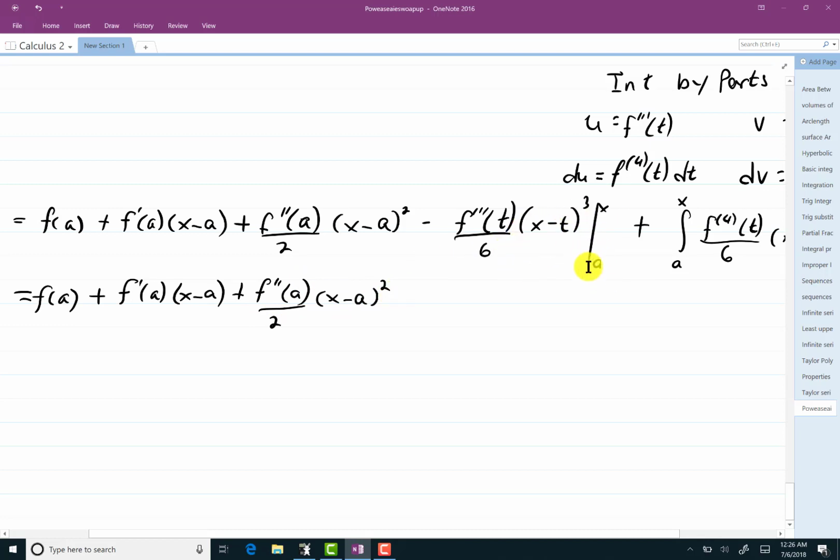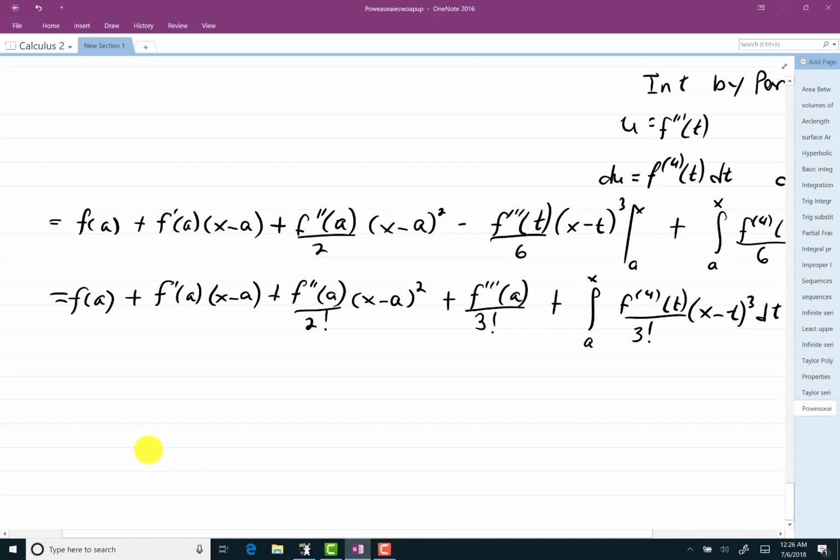And then when you plug in a, you'll end up with plus f triple prime of a. Instead of the number 6, I'm going to write it as 3 factorial. Instead of the number 2, I'm going to write it as 2 factorial. Plus the integral from a to x, f to the fourth of t all over 3 factorial times x minus t to the third dt.